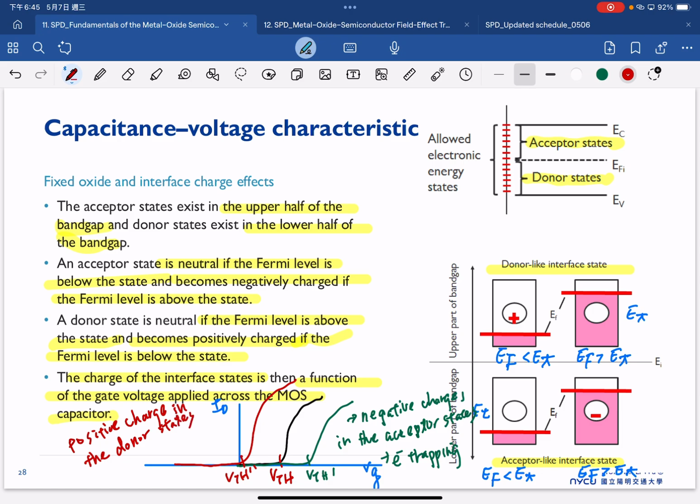So that's trapping as a whole. That's the main implication for the later analysis of our transistor: how this interface state charging will influence our device characteristic.